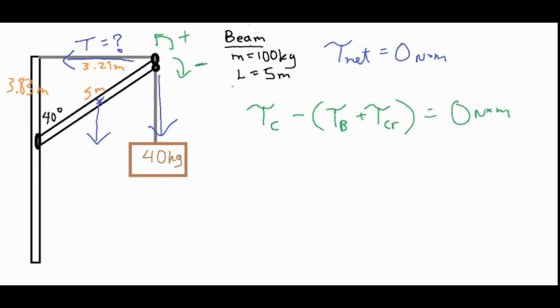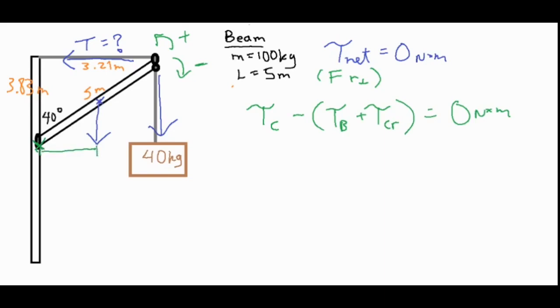Now, for each one of those, we want to find the force acting on it along with the lever arm. So we're going to find the force and then the perpendicular distance of that lever arm to the pivot point. So the pivot point is right over here. For this force, we're going to be using this distance right over here.